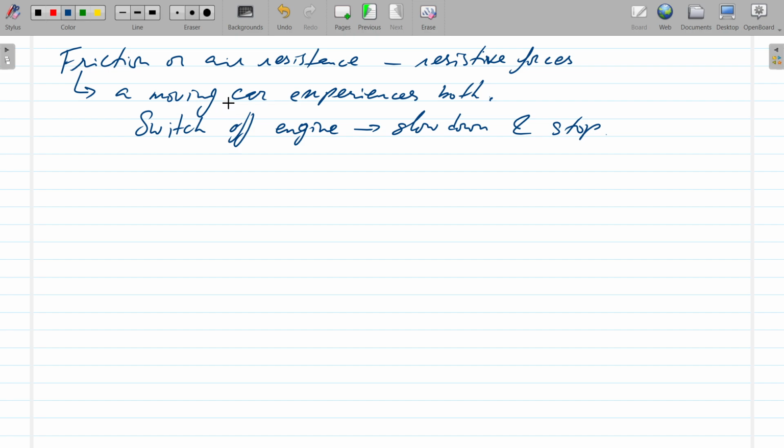This also tells us that depending on how much resistive force is in play, the magnitude of force required to move an object changes.